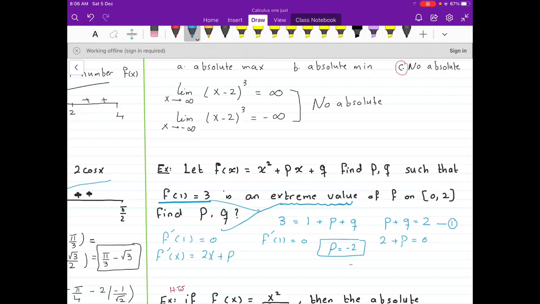Find q: −2 + q equals 2, so we get q equals 4.